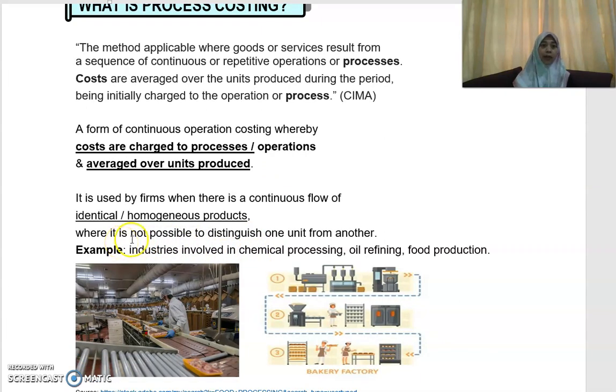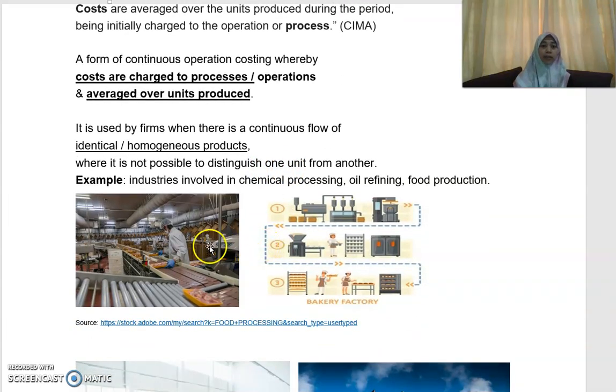If the outputs are identical or homogeneous, it is not possible to distinguish one item from the other. For example, in industries involved in chemical processing, oil refining, and food production, when there is a continuous flow of processes and your products are homogeneous or very similar, process costing is most suitable.